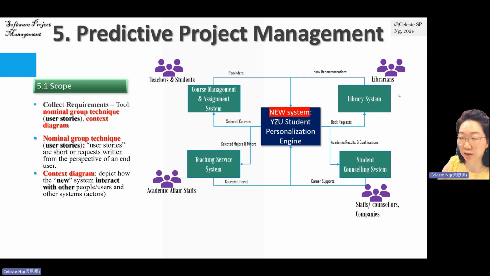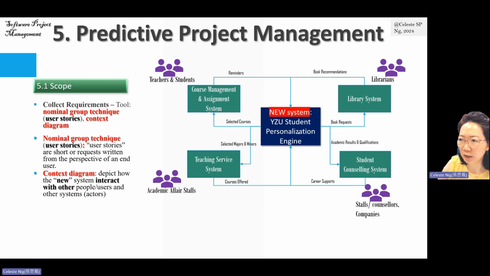I've briefly illustrated that here, and each of these systems will have its own users, the persons who use the system. For example, the course management and assignment system: who are the people that will use the system originally? It could be the teachers in that university, and also the students.